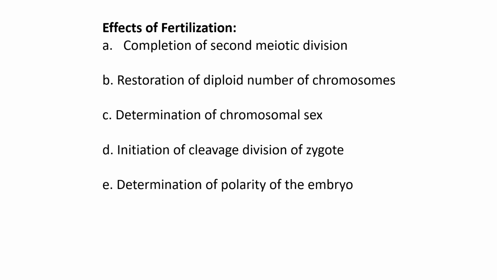Then, determination of polarity of the embryo. The site from which the spermatozoon enters the ovum determines the polarity. The axis through which it passes maintains the bilateral symmetry of the embryo.